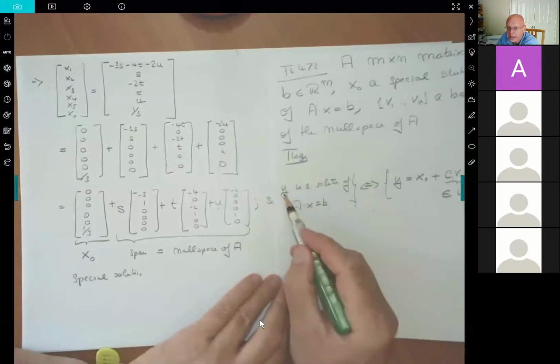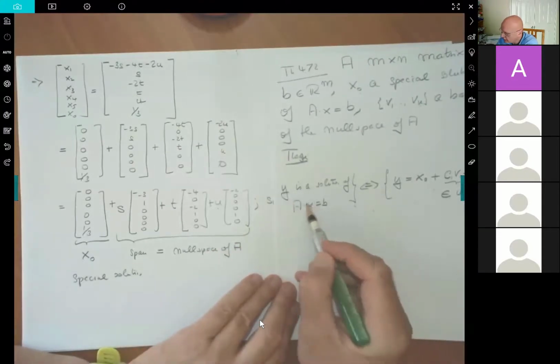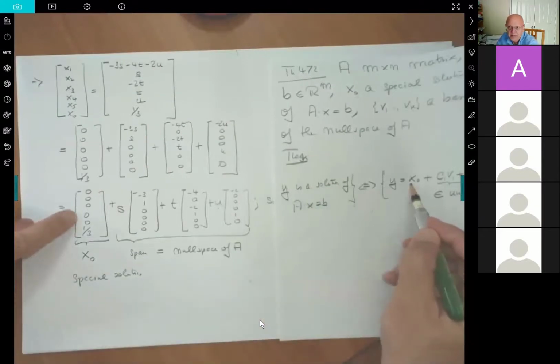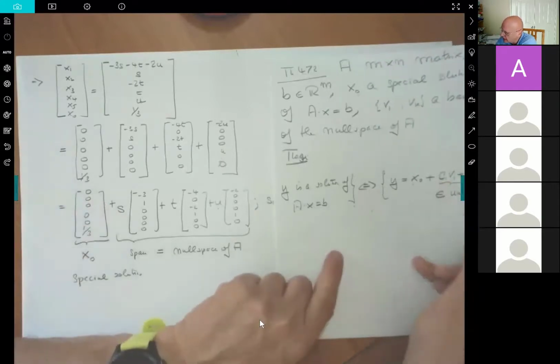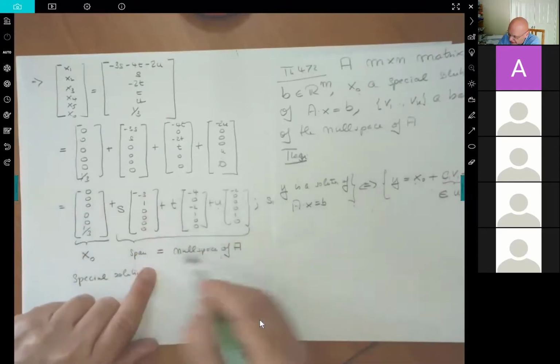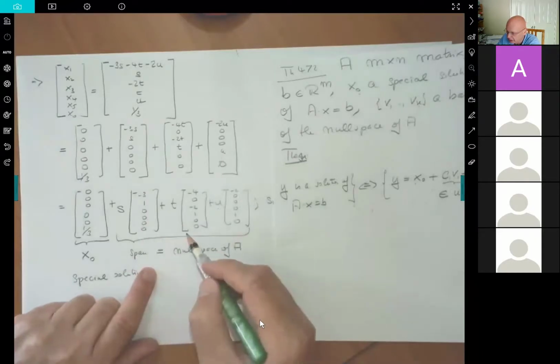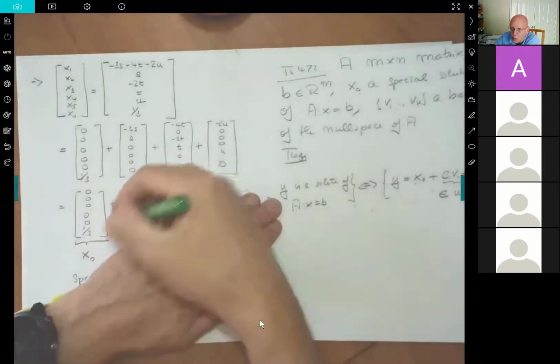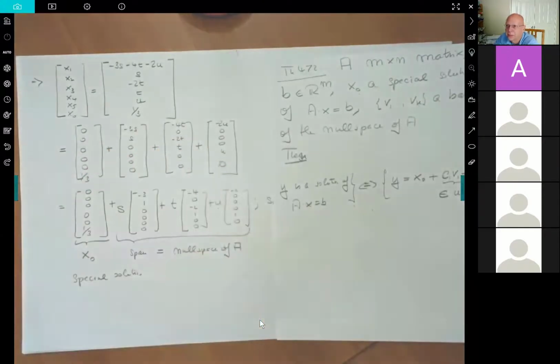So y is a solution if and only if y is a fixed solution, we pick this one. But you can have other ones. This is just one fixed solution which came out of the Gauss-Jordan, but there are infinitely many others. This is one possibility, plus something in the null space, and that's this. So this gives us the null space. This gives us one fixed solution.